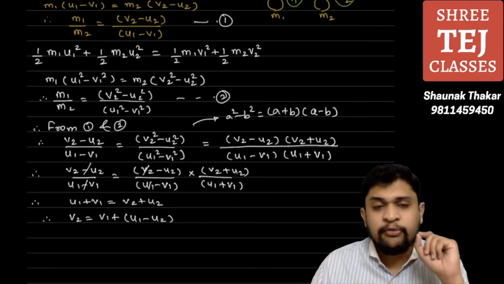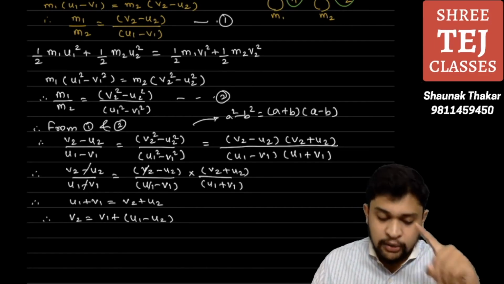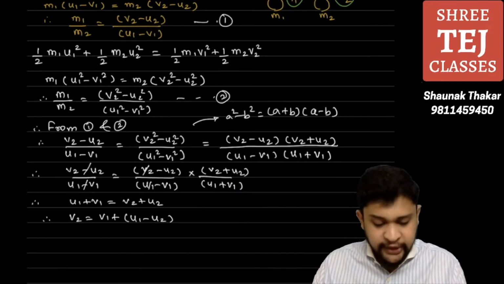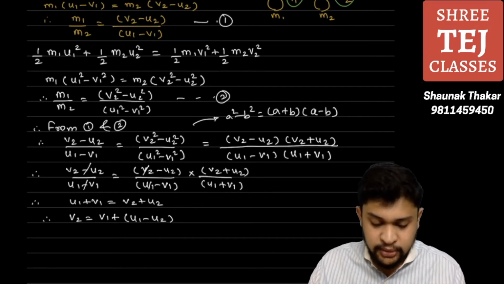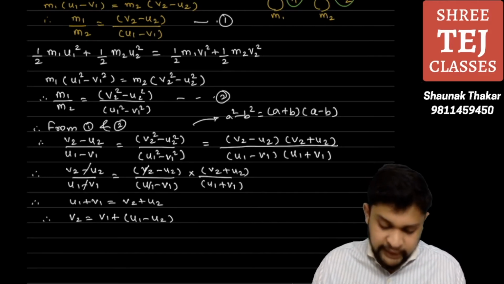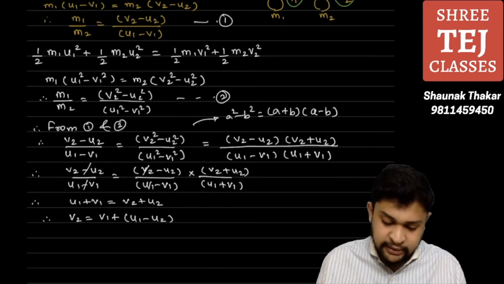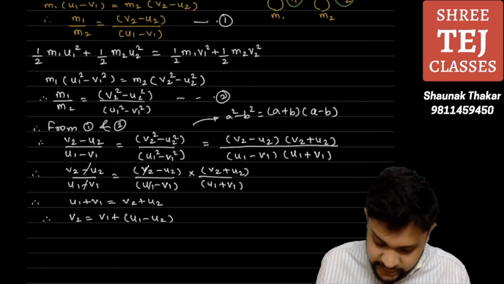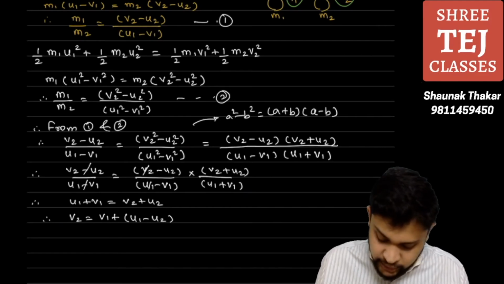Initially we just knew m1, m2 and u1, u2, so we also have to eliminate v1. Now we will plug in the value of v2 in equation number 1. So what we will get is m1/m2 = (v1 + u1 − u2)/(u1 − v1).